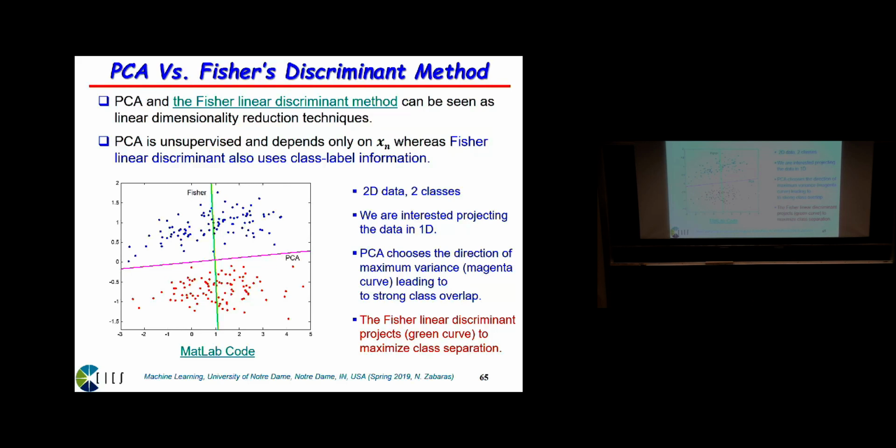You can see on this particular data set that the Fisher direction looks almost orthogonal to the first principal component of PCA. In PCA you maximize the overall spread of the data, the variance. In the Fisher method, you maximize the separation of the data. So you have to be very careful when you use these methods and what the objective is.